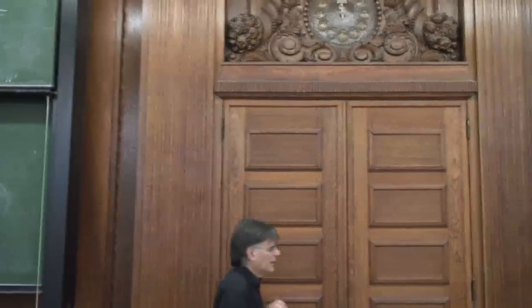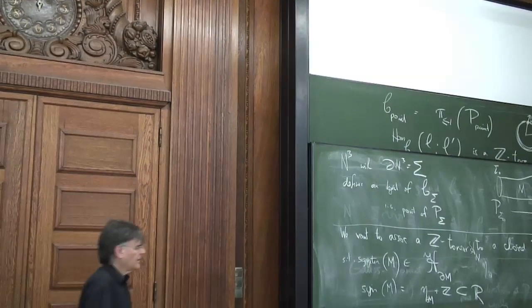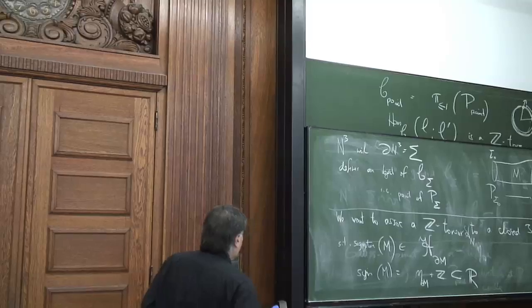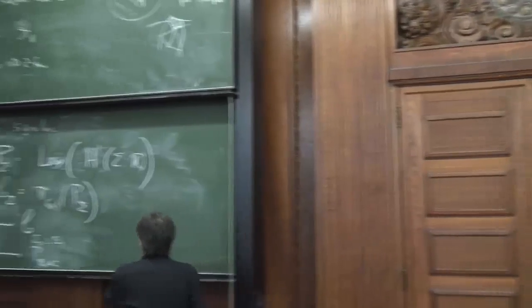So, one way of getting this is by index theory using the eta invariant. But I want to go a different route. I'll mention a number of ways in which we get this thing.